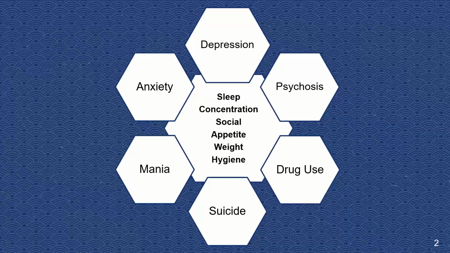With depression, individuals can sleep constantly, or they can not sleep at all. The ability to concentrate is incredibly difficult. Social life, somebody experiencing major depression will typically stay at home, avoid social opportunities.